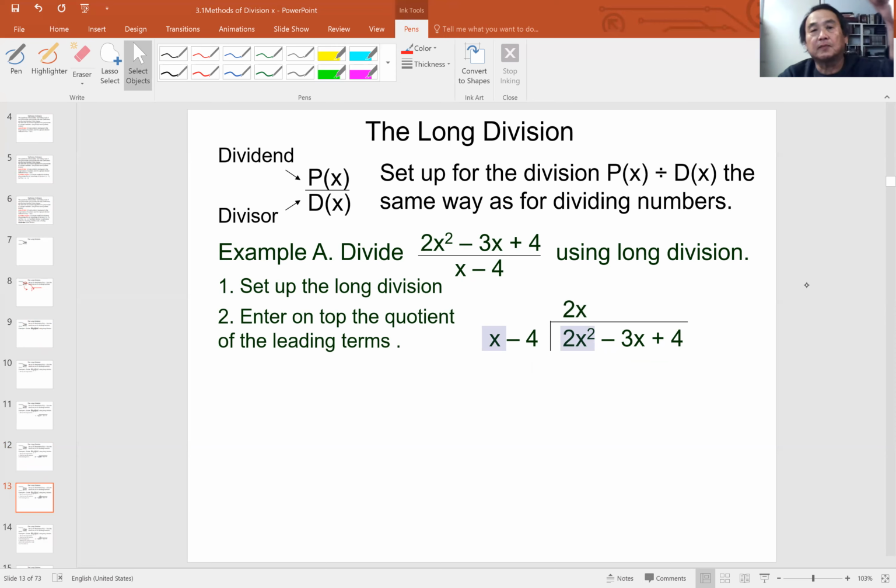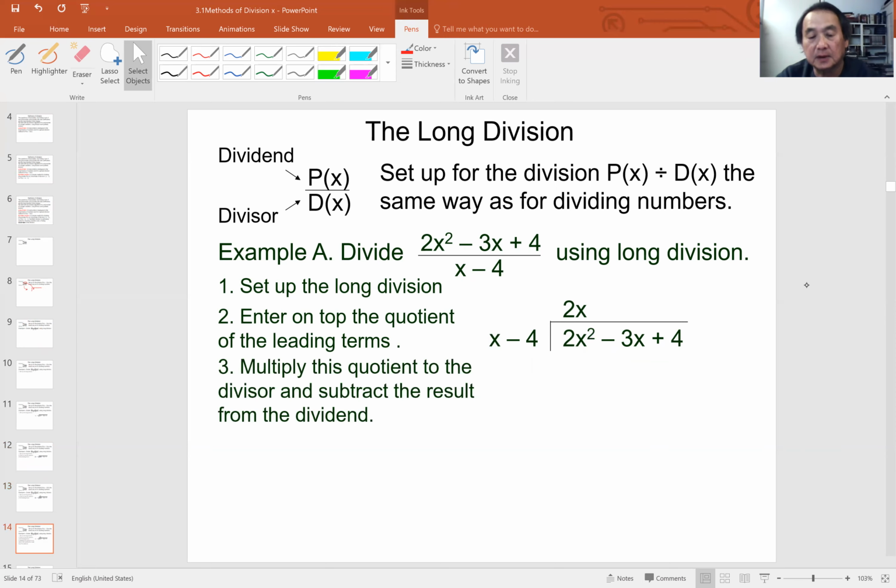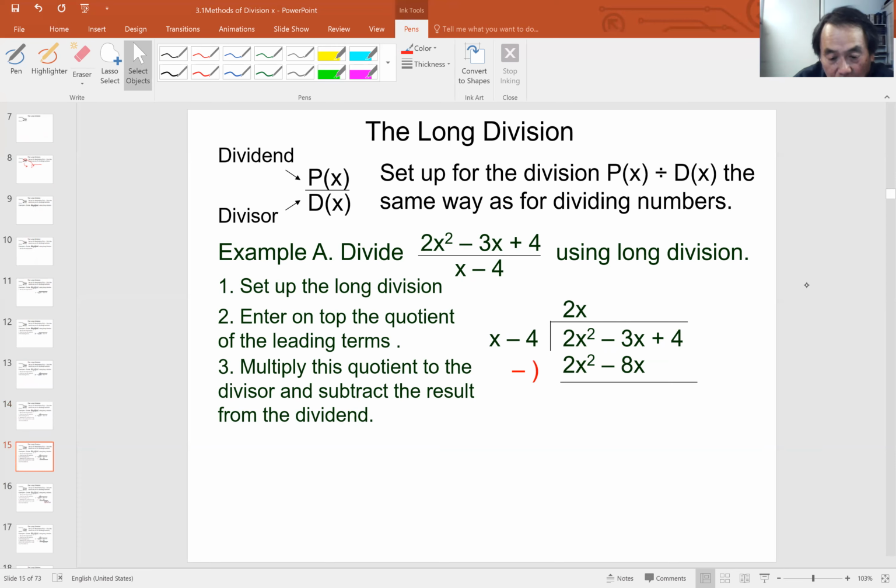Then we multiply back into the scaffold and subtract. This is where the algebra comes in, and this is the step to watch out for. After we multiply back in, we subtract, and subtracting involves changing signs.